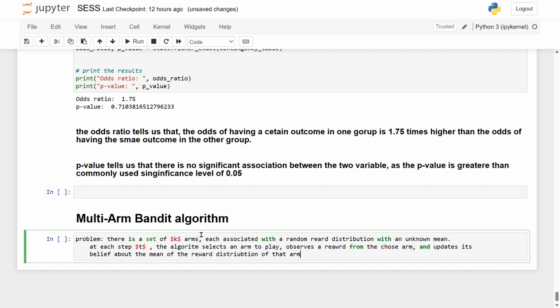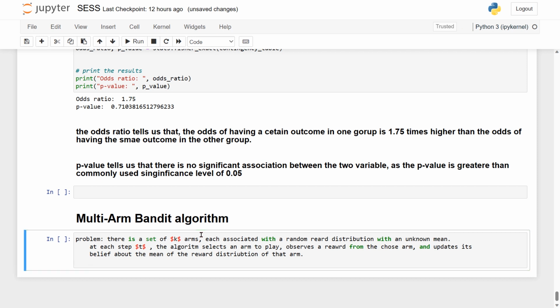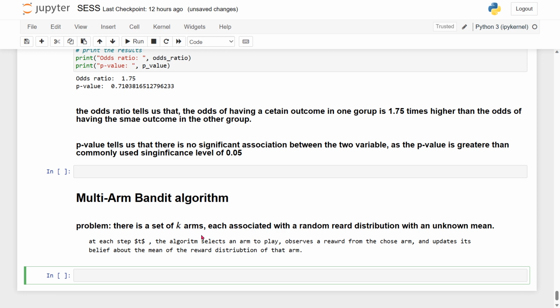The goal of this algorithm is to maximize the cumulative reward obtained over a fixed time horizon. This is very important.